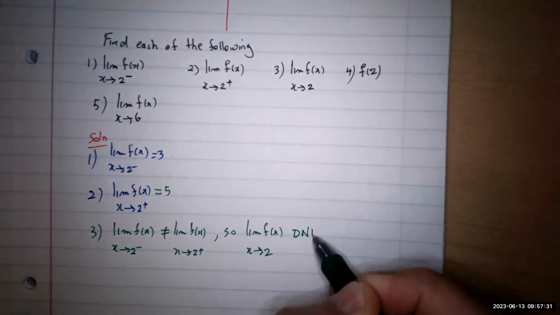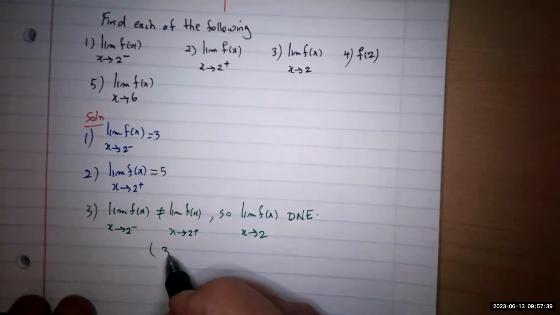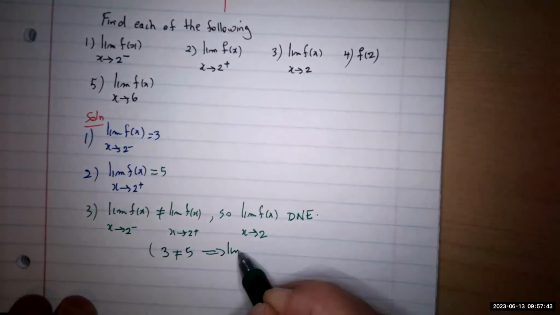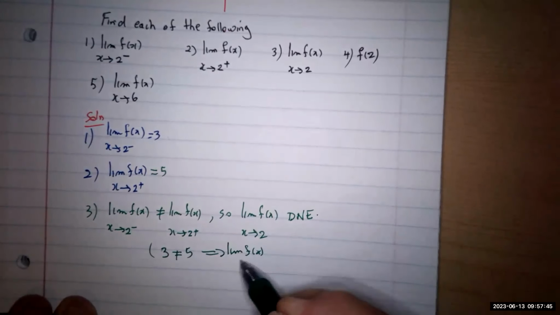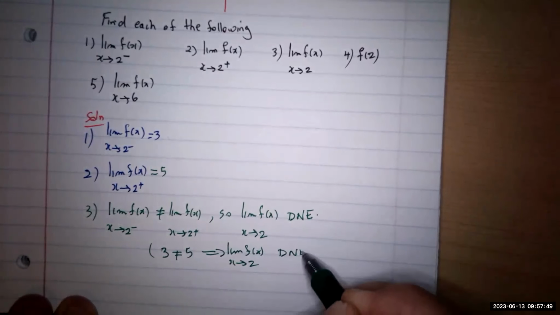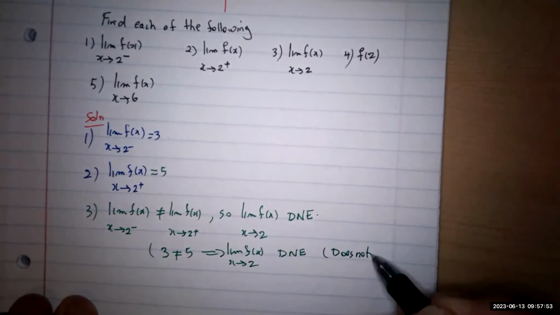We accept this one, does not exist, but you have to tell us that this is the case. On the test, you can say 3 is not equal to 5. So this means the limit of f of x does not exist. I'm going to use this expression.